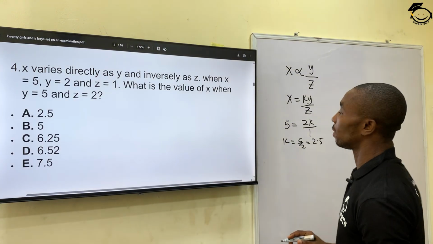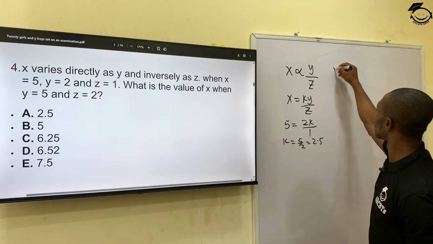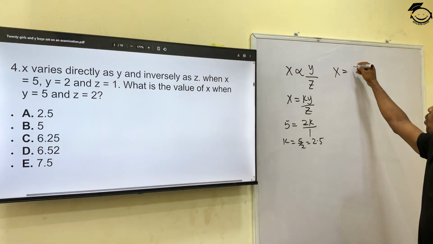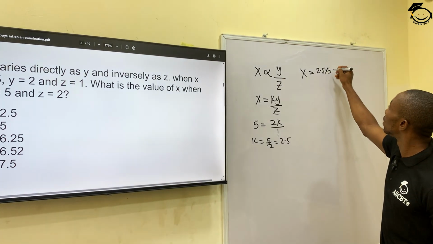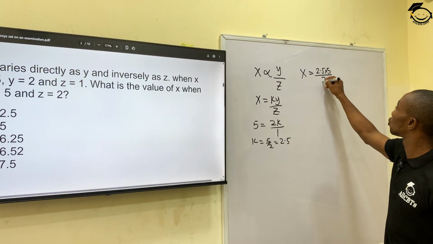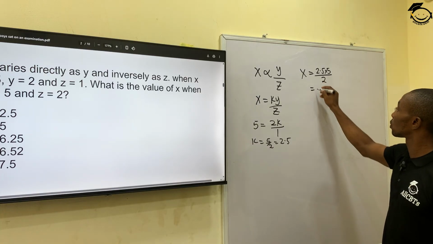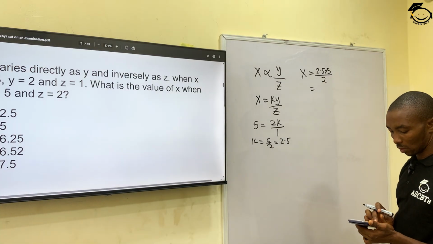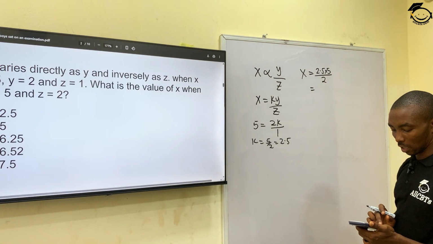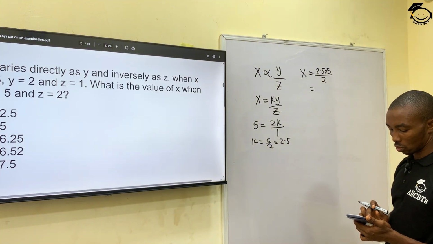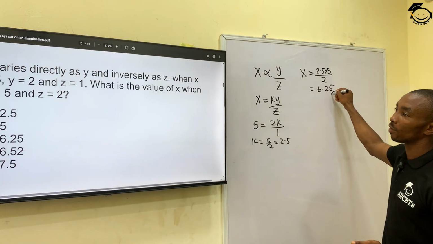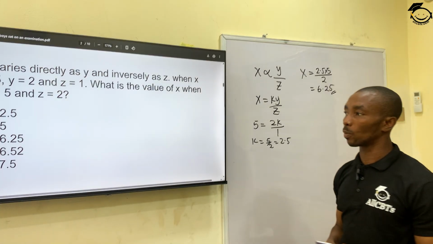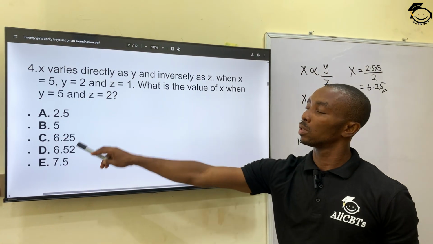Now they say find the value of x when y is 5 and z is 2. So this will give us 2.5 times 5 divided by 2, which gives 6.25. So the value of x will be 6.25, which is option C.